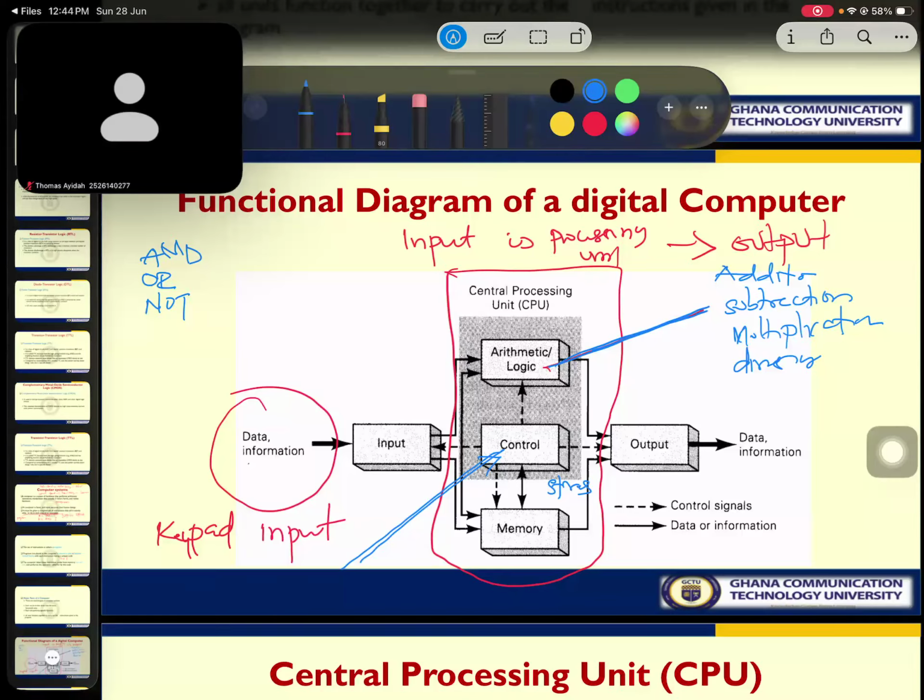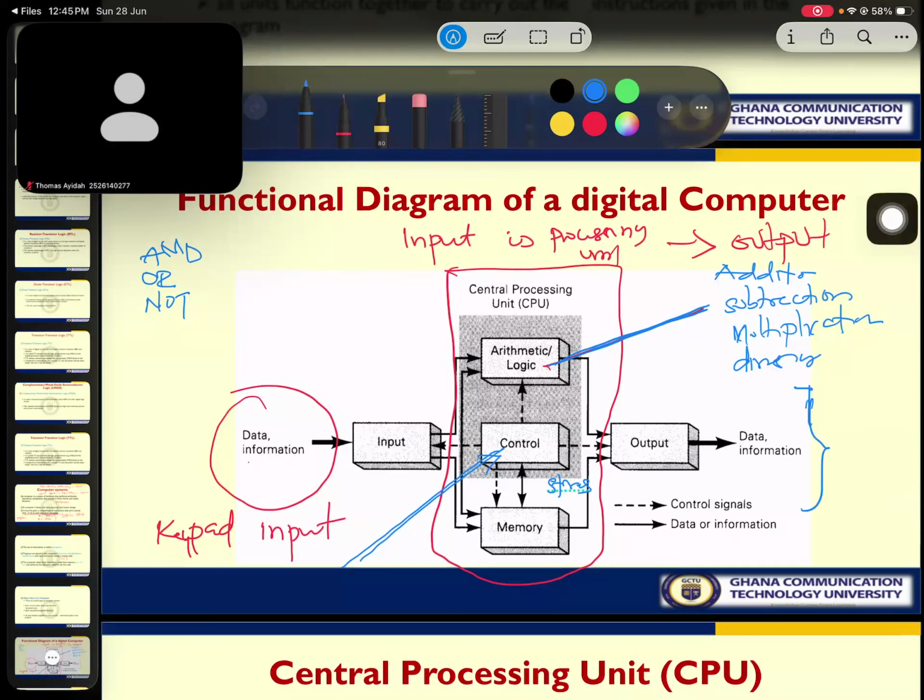Then we come to the output. The output gives the processed results to the user. Who can give us examples of output devices? The monitor. Speaker. Printer.